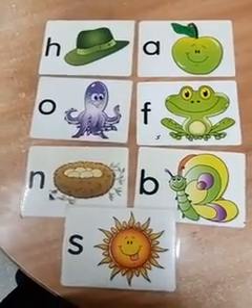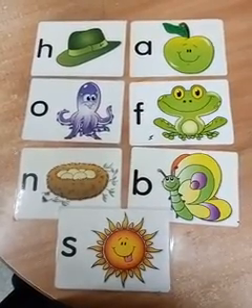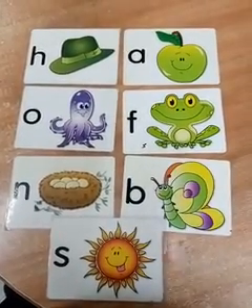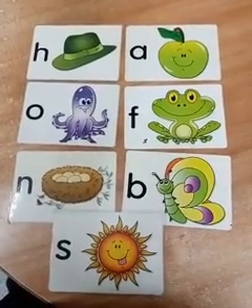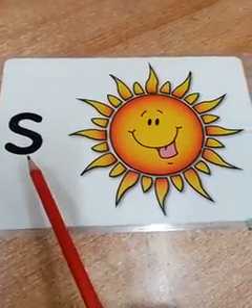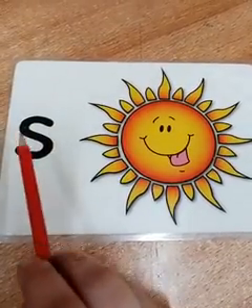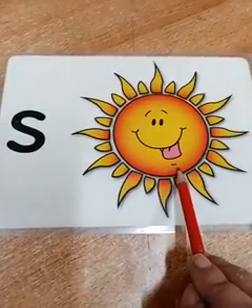Now we have another activity. Here we have some cards. One by one, you have to tell me the next word starting with this letter. Okay? So, which letter is this? Yes, very good. It's S. And what is this?